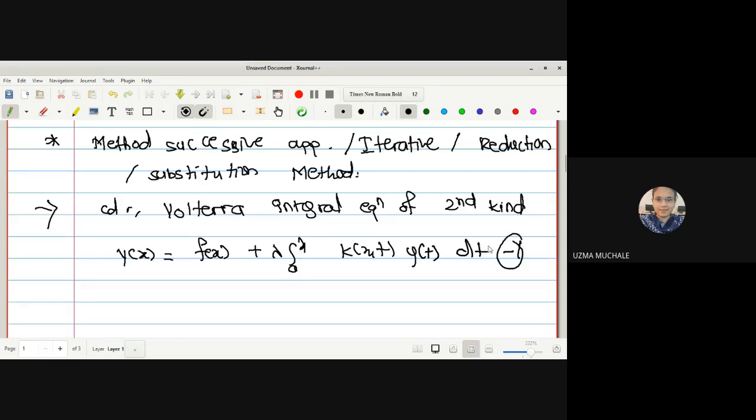This is equation 1. Let us have the zero order approximation, that means y naught of x is equal to f of x.